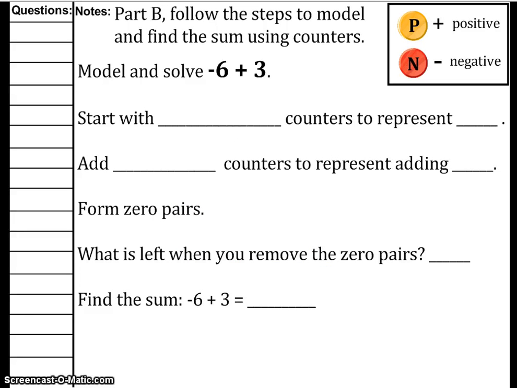Part B, follow the steps to model and find the sum using counters. So here you're going to be filling in the blanks. So we're going to use the problem negative 6 plus 3. First, we're going to start with how many counters. Our first term of our equation is negative 6.